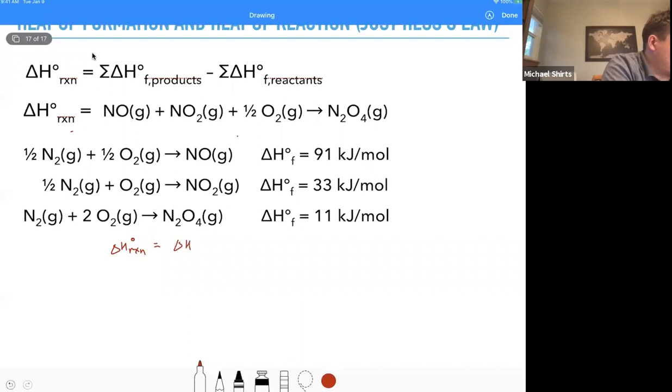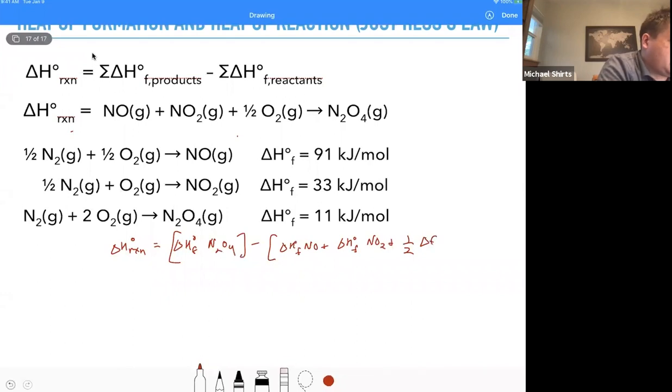It's going to be delta H of formation of N2O4 minus the sum of the heats of formation of the reactants, which is the heat of formation of NO plus the heat of formation of NO2 plus 1/2 the heat of formation of O2.